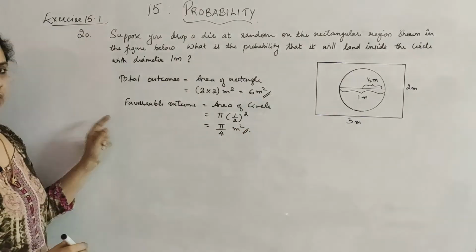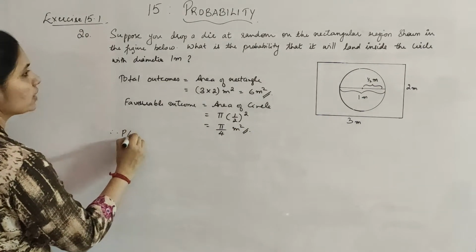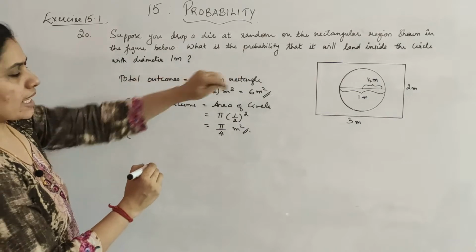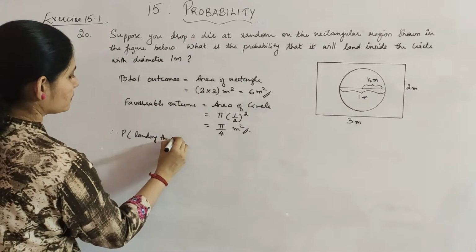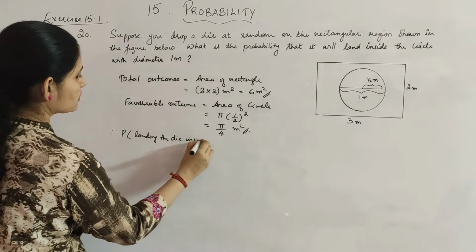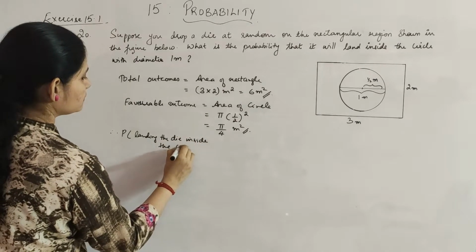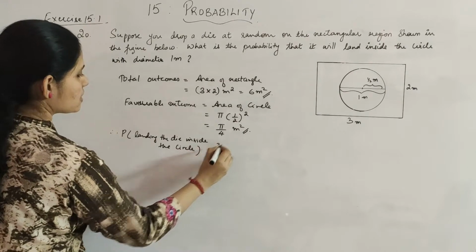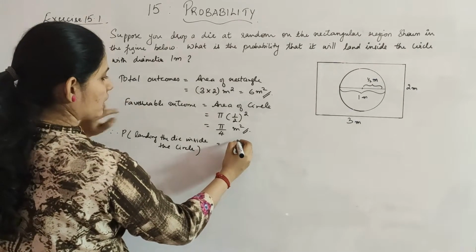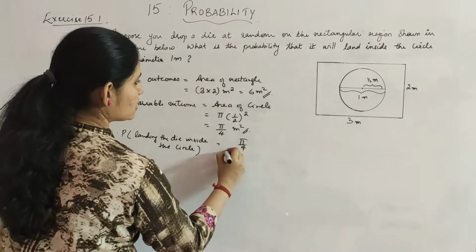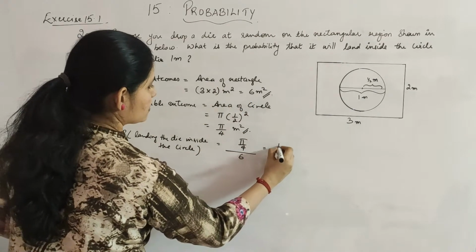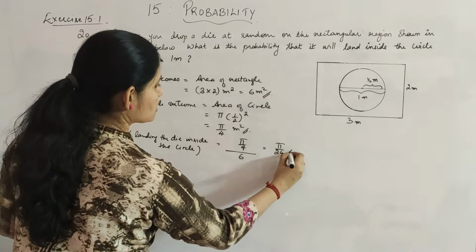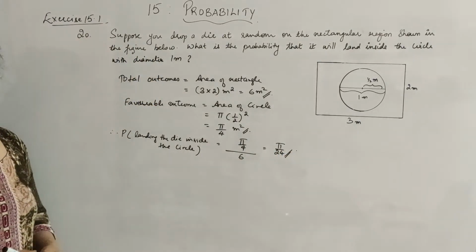So that is the favorable outcome. Therefore, the probability of landing the die inside the circle is equal to favorable outcome, which is pi by 4, divided by total outcome, which is 6. So we will get pi by 24 as the probability. Okay.